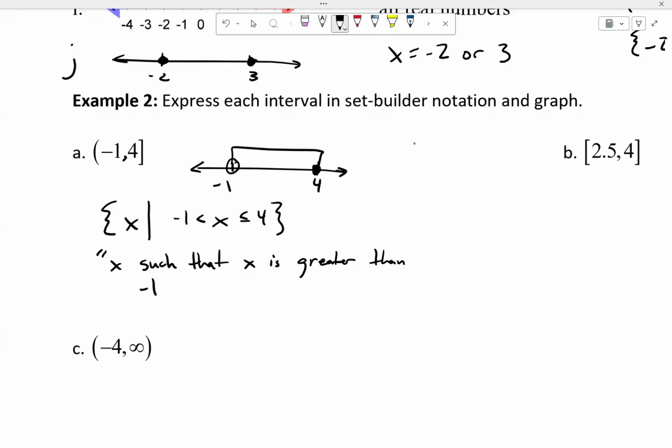What's the word after negative? And is the word, not but, like we're not saying but. And less than or equal to 4.